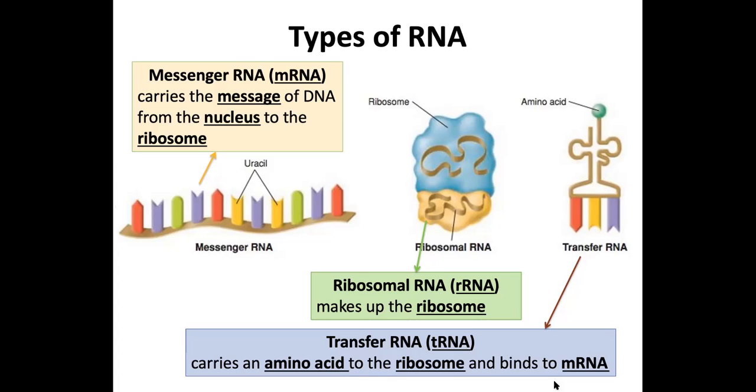On tRNA, you have what is known as the anticodon. So these are what match up in order for the correct amino acid to come in. Because remember we said that the order of the bases is what determines the protein that's being made.